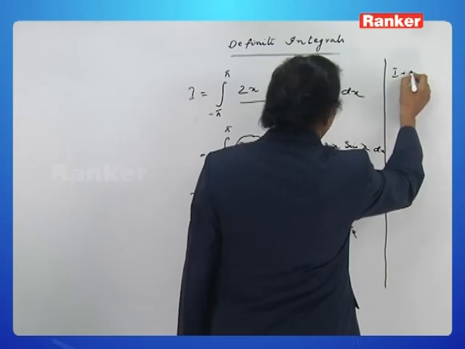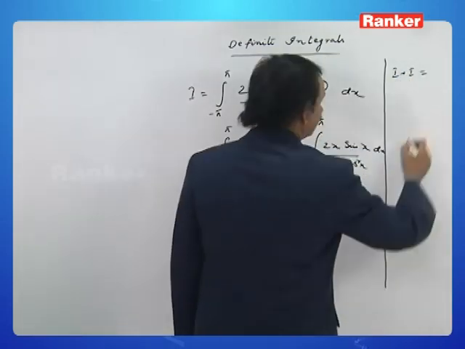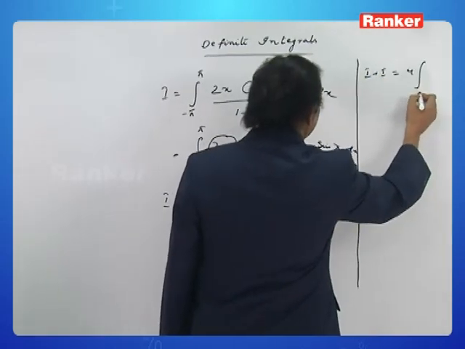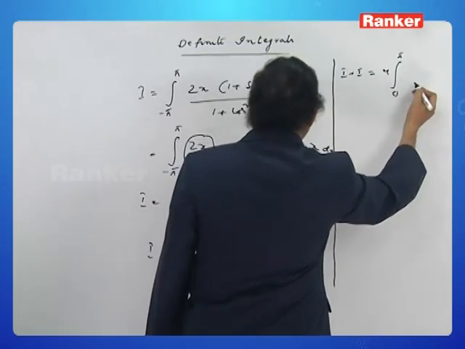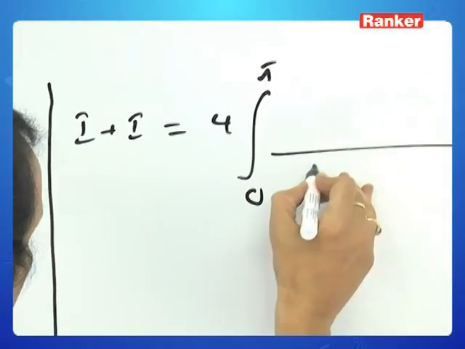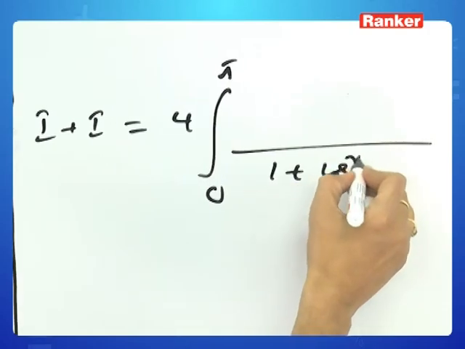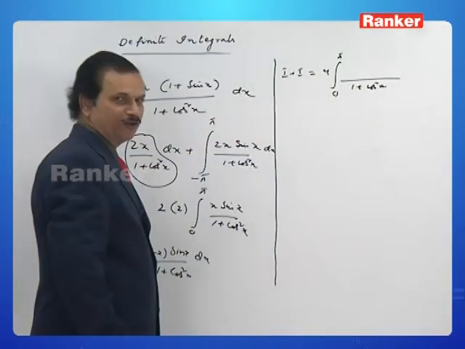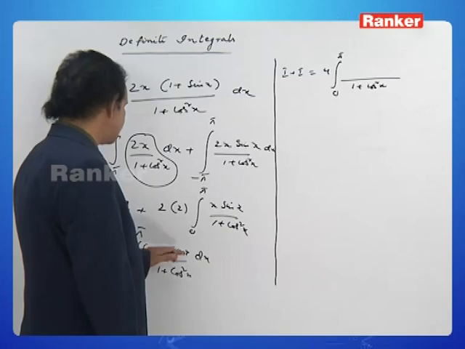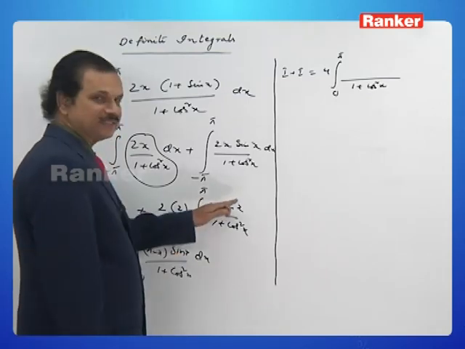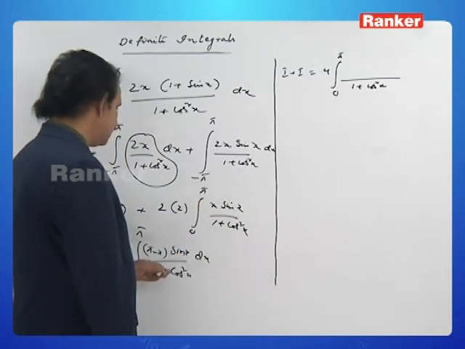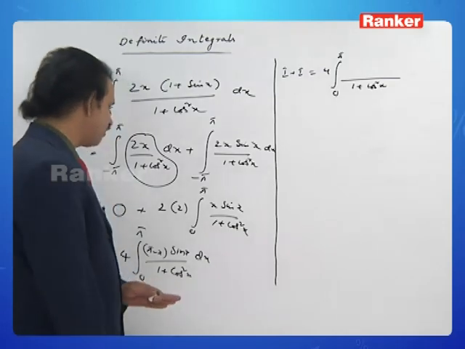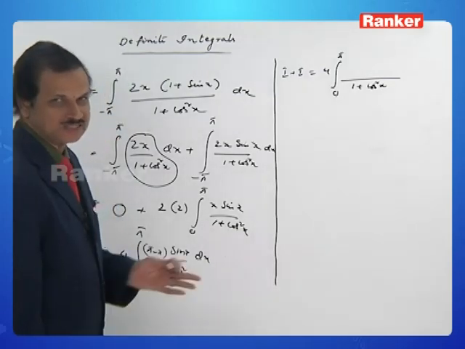I plus I is equal to integral 0 to pi of 1 plus cos square x in the denominator, with numerator pi minus x into sin x plus x sin x. What happens? If you take sin x as a common factor, pi minus x plus x is nothing but pi.